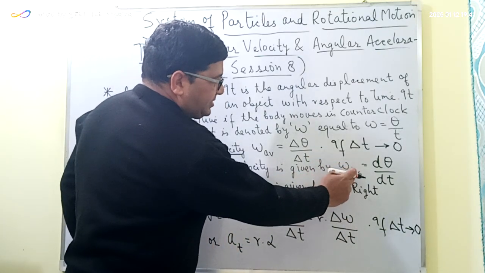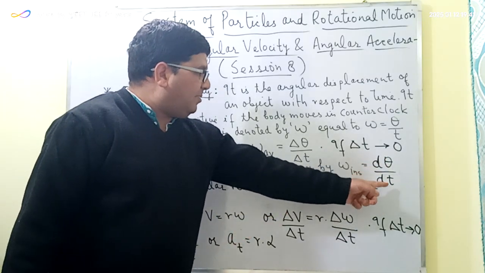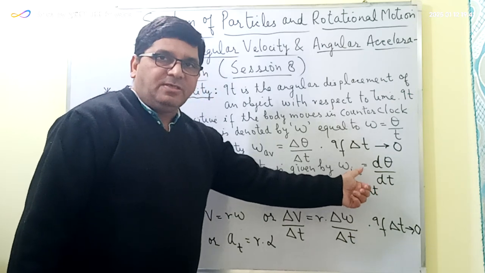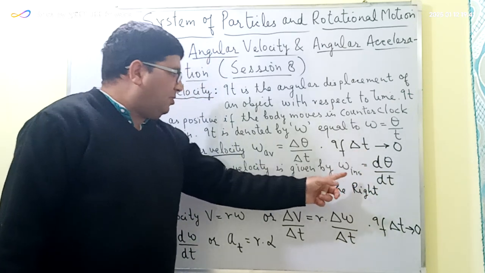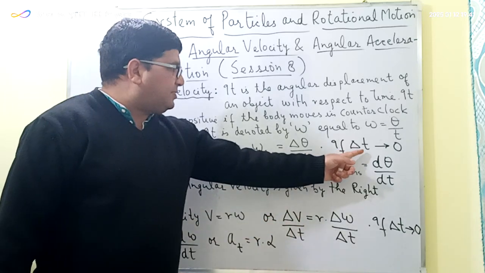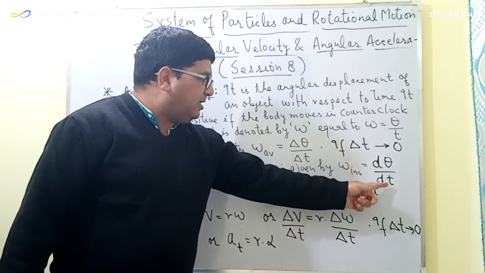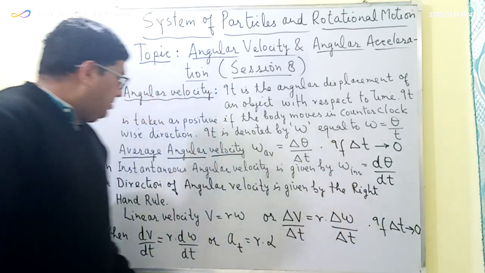This omega ins is the instantaneous angular velocity, which is equal to d theta upon dt. We get this equation when delta t tends towards 0.